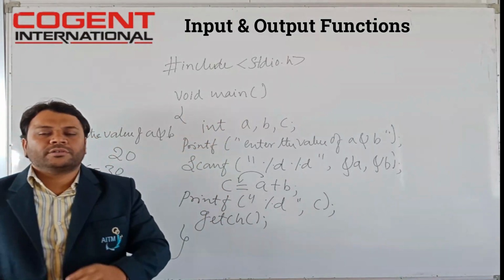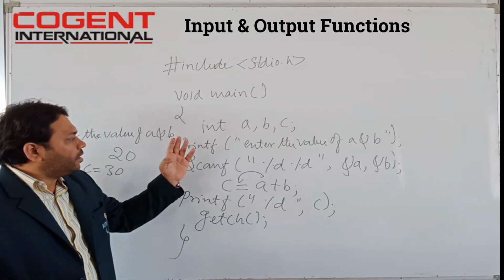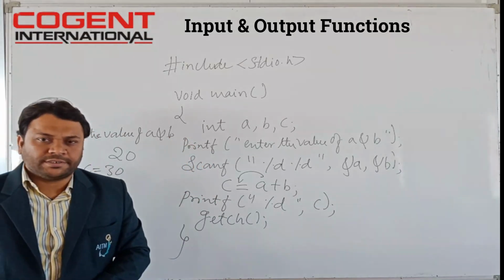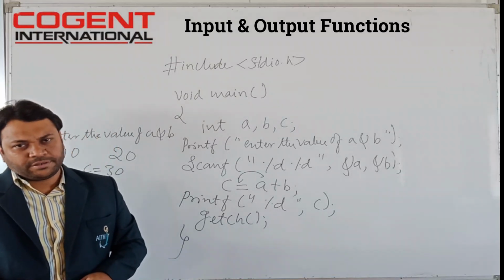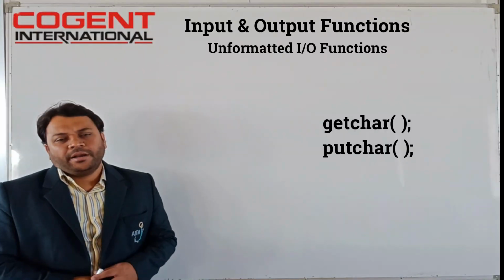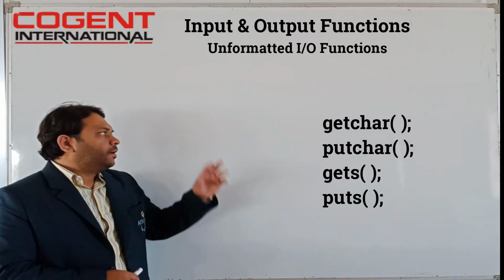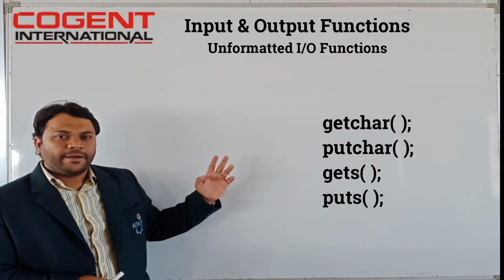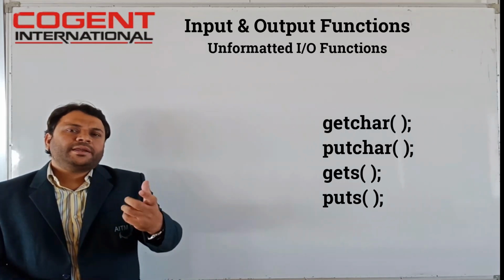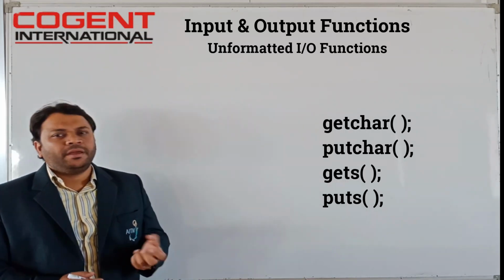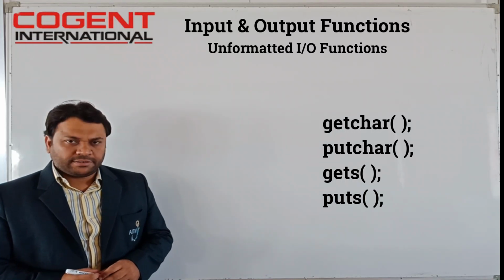I hope you understood the formatted input and output functions here. Now we'll see the unformatted input output functions. The unformatted IO functions are getchar, putchar, gets and puts here. So getchar, as the name indicates, gets the character from the standard input device.